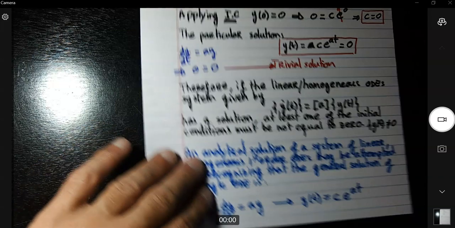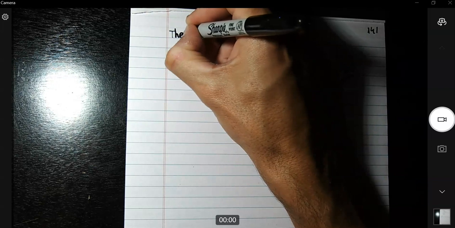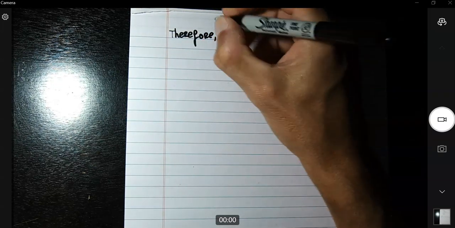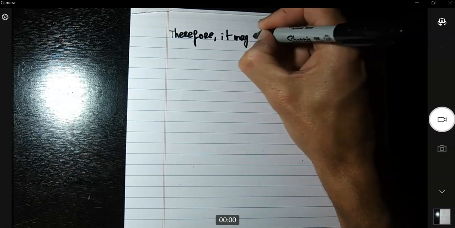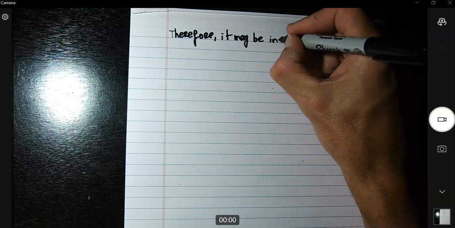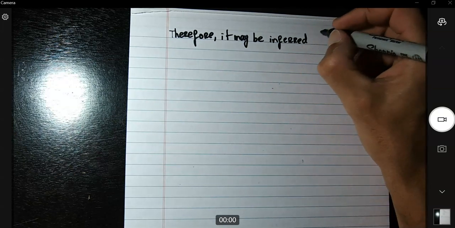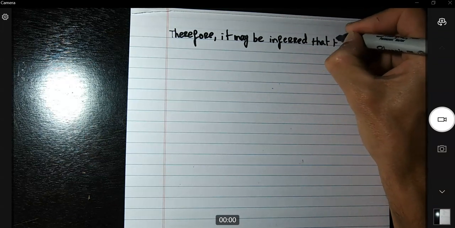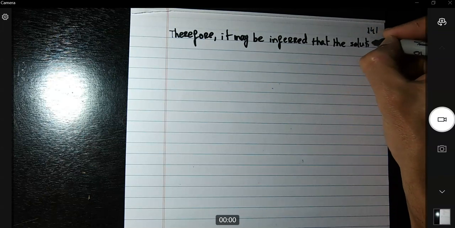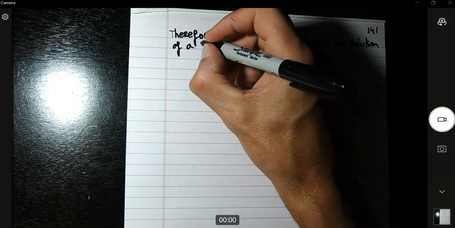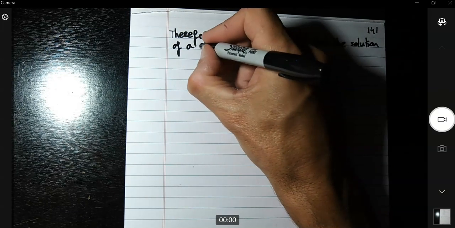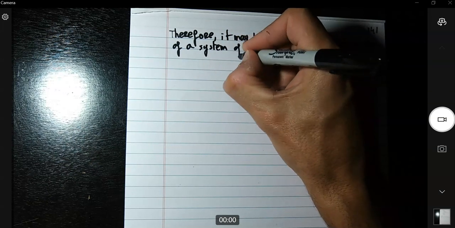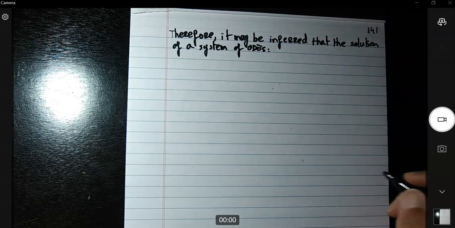Therefore, we might infer that the solution of a system of ODEs would be which form?